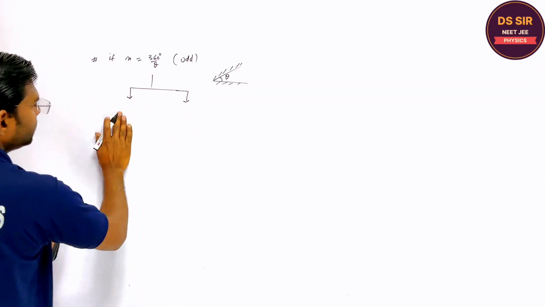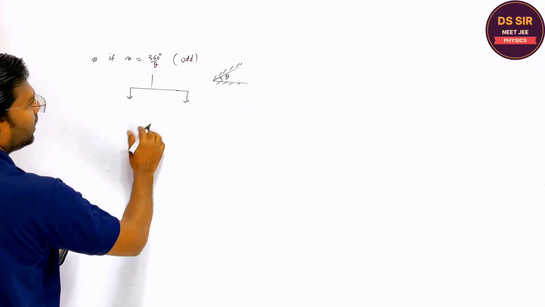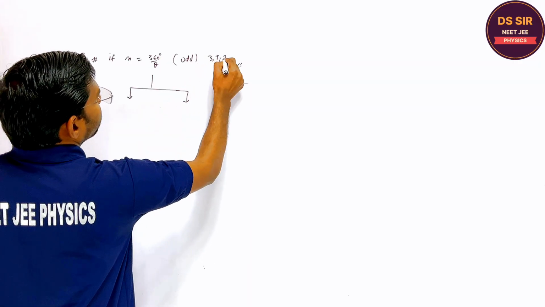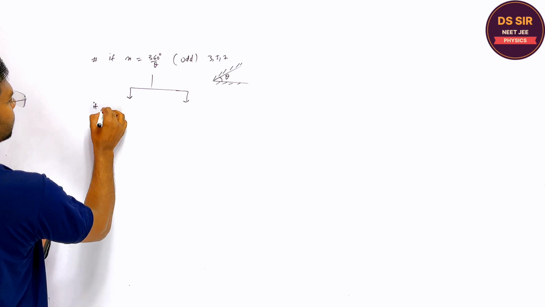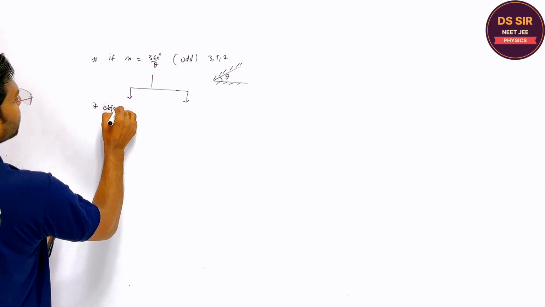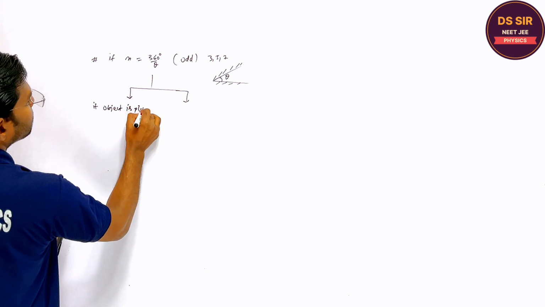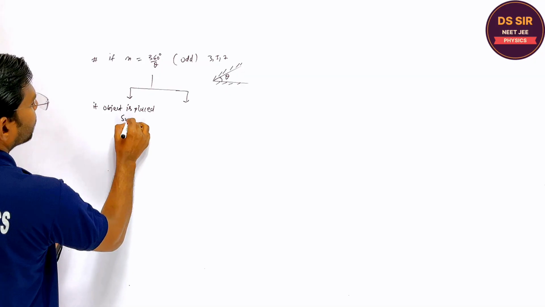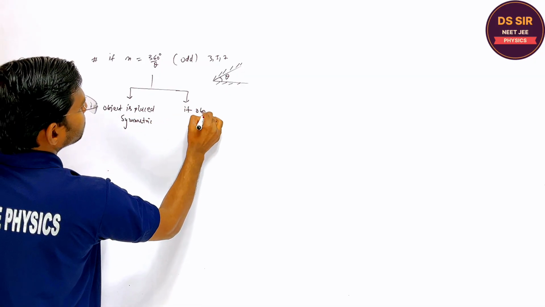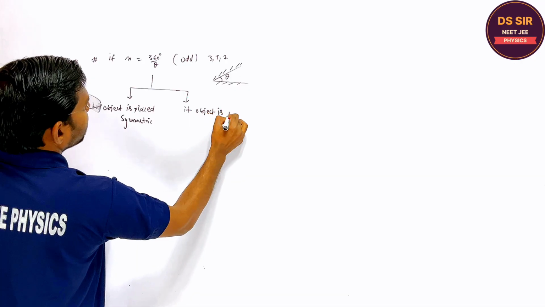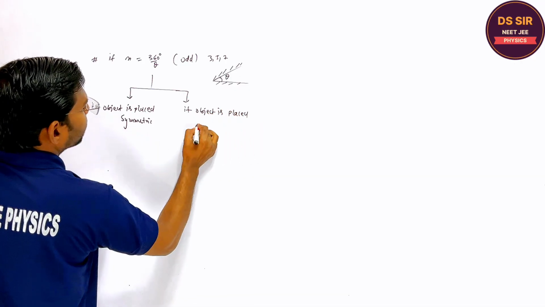In this case, if it is odd, like 3, 5, 7, if the object is placed symmetric, and if the object is placed asymmetric.